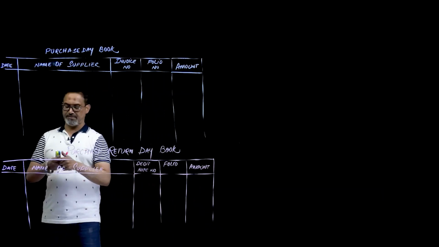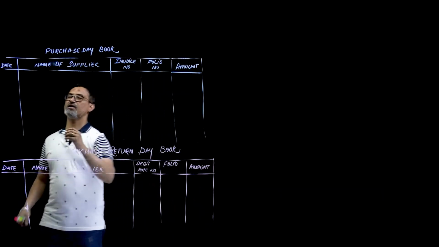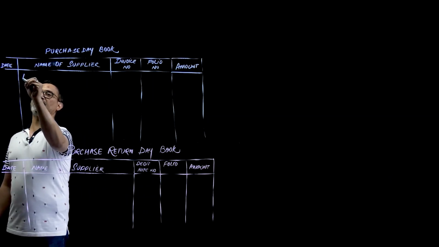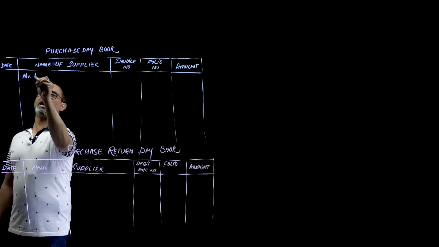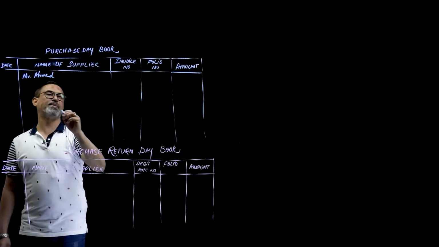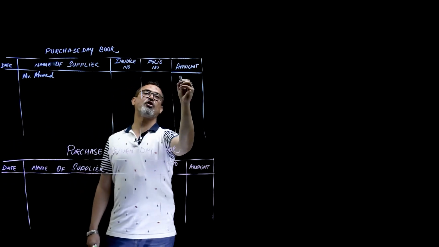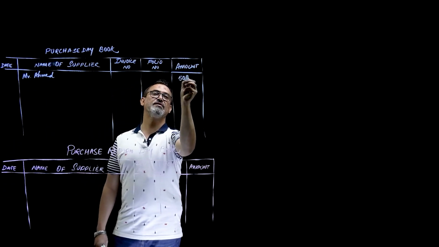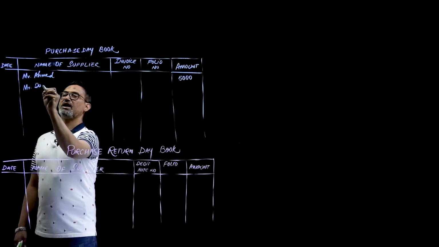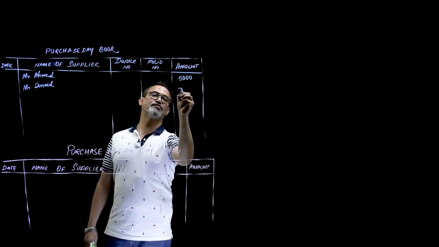So we take an example. We are dealing with three suppliers. The first supplier is Mr. Ahmed. We purchase goods from Mr. Ahmed for $5,000. The second supplier is Mr. Junaid. We purchase goods for $7,000.